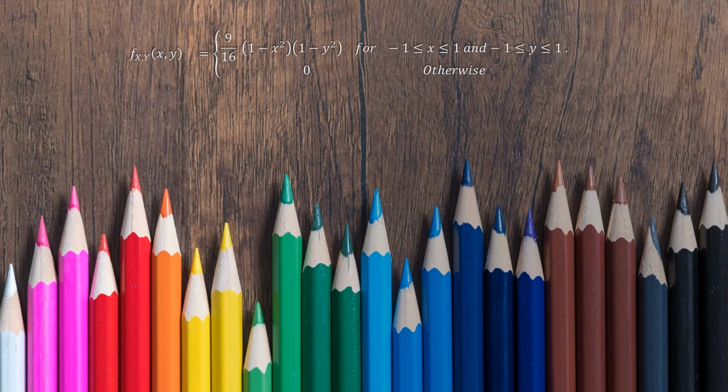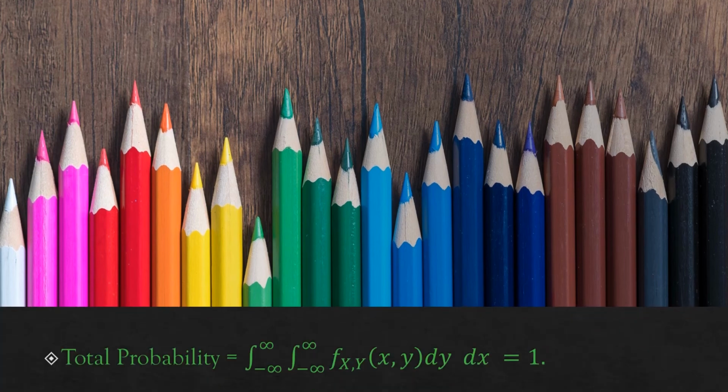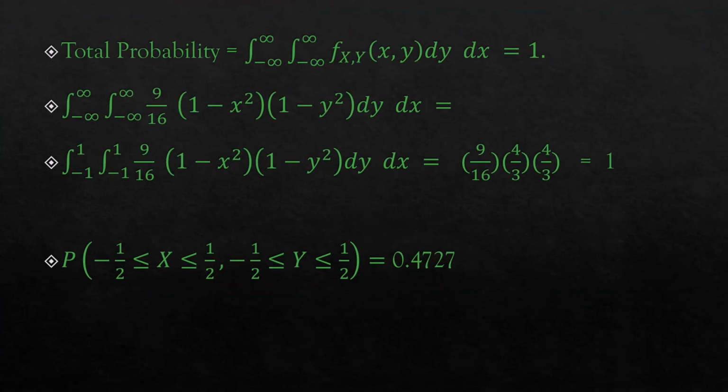Anyway, for this function f of xy, which is defined by 9/16 times (1 minus x squared) times (1 minus y squared), where the graph of the function is as seen in the previous case in MATLAB, we can find the total probability and check whether it is 1.